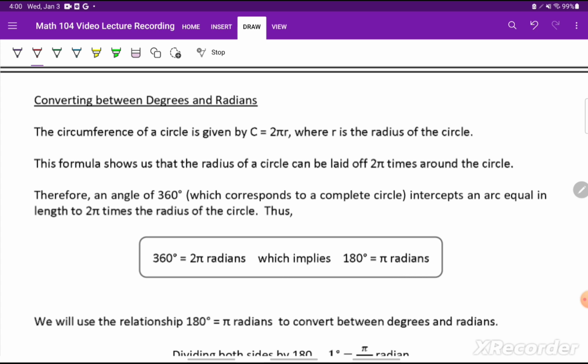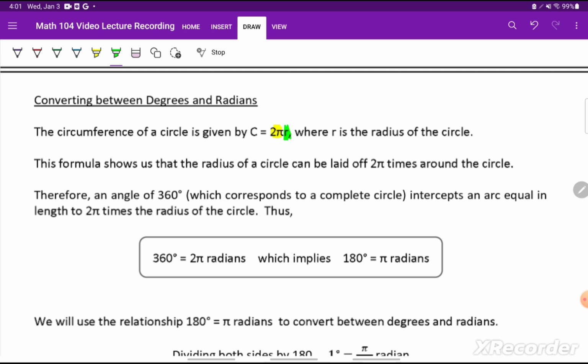We know the circumference of a circle is given by the equation circumference equals 2 pi r, where r is the radius of the circle. This formula shows us that the radius of a circle can be laid off 2 pi times around the circle, right? Since it's 2 pi times r, that means there's 2 pi radii that can be laid off around the circle.